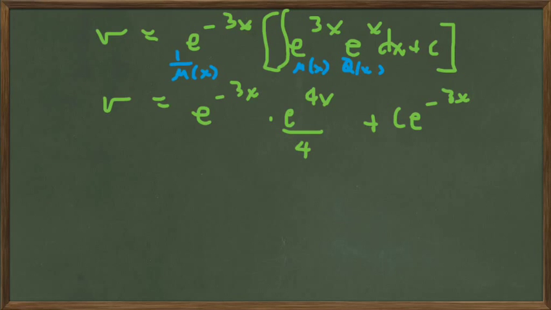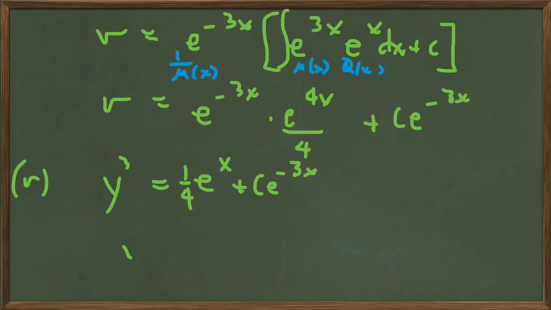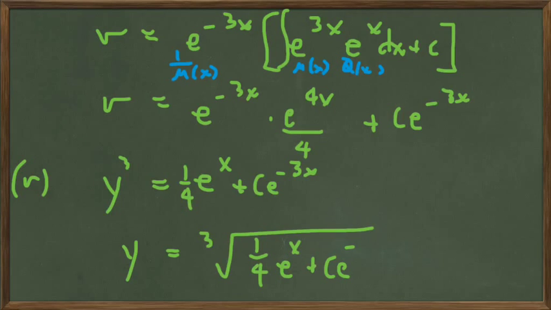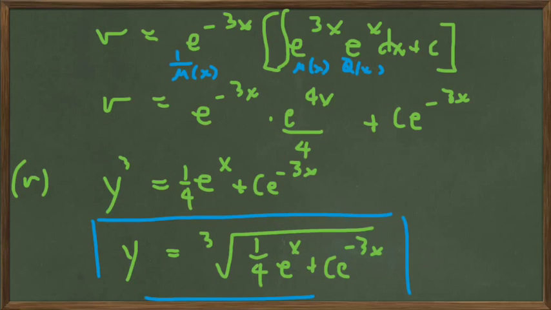First let's clean it up. So v is e to the x over 4 plus c e to the minus 3x. v is y cubed, and we can then solve for y as y equals the cube root of the right-hand side, and there we have the solution to this Bernoulli DE.